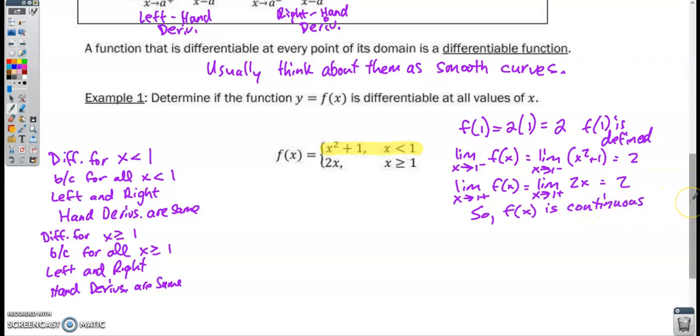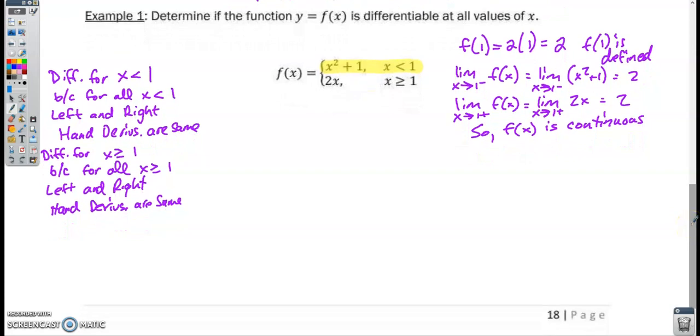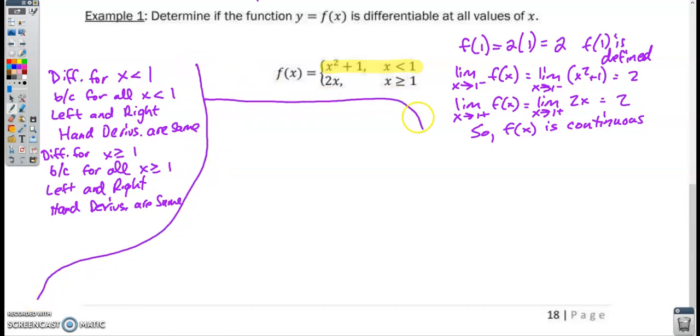Now we just need to show that at x equals 1, the limit as x approaches 1 from the right and the limit as x approaches 1 from the left both approach this same value. Okay, so we're going to take the limit. Let me cordon off some workspace for myself here.